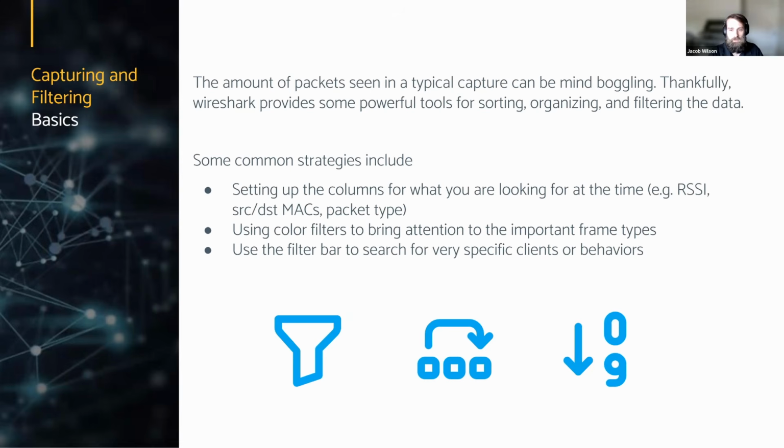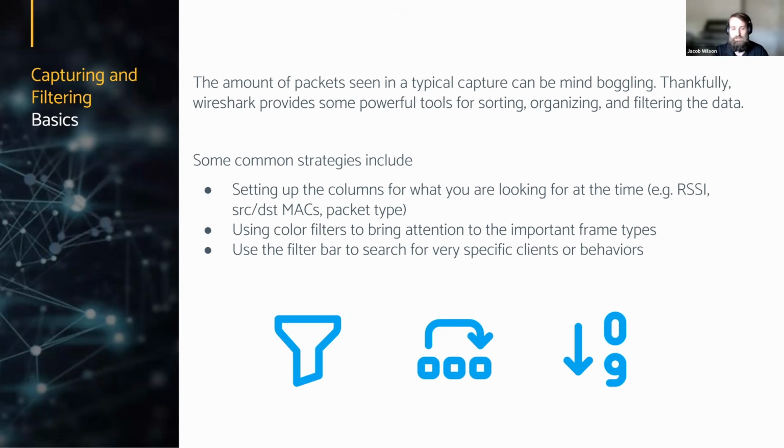One would be using columns. We cover this in a different slide, so we'll see a visual of it, but you can create columns for the different things within a packet that you're curious about, like RSSI, source and destination MAC, packet type.